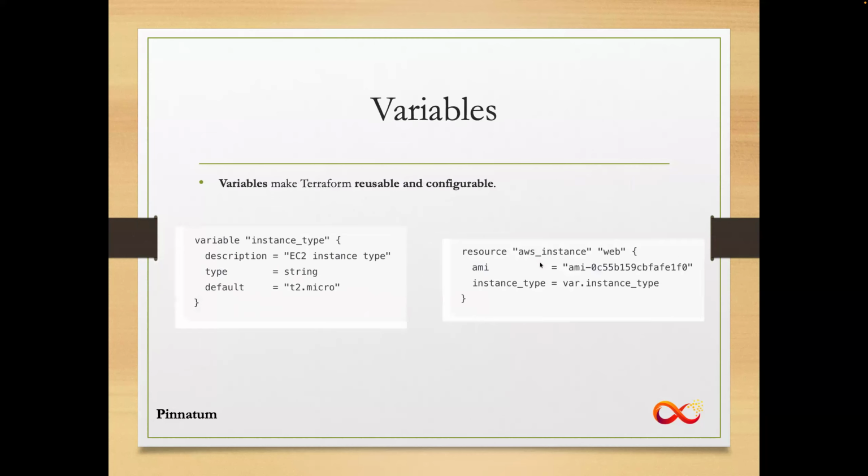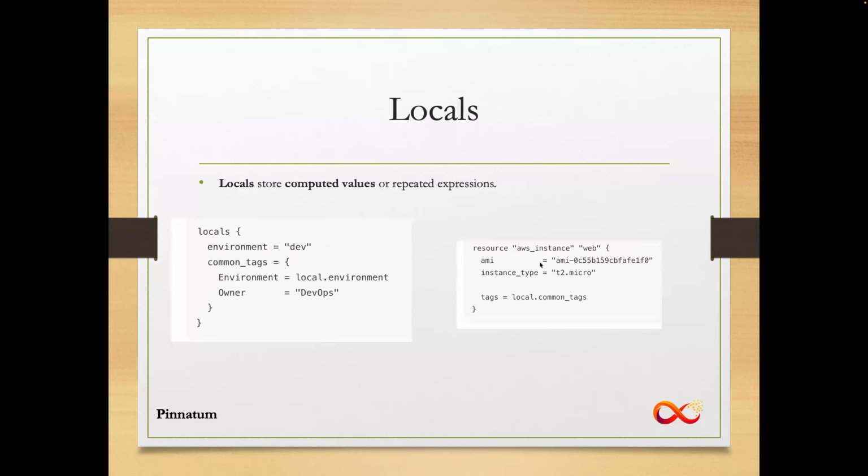Okay. Variable is where you can give a variable so that the user can input it to your code. They can pass it during runtime, the way we passed environment name and resource name. Okay. Locals, you just compute the values during runtime, meaning Terraform does it itself. It's called local to that block, that is, it's called local variable.